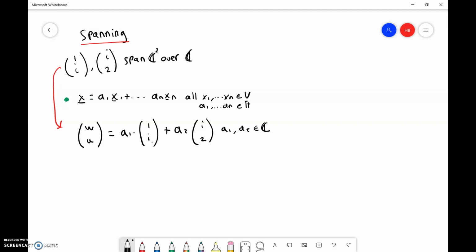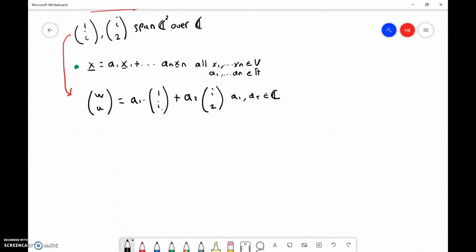How can we go about solving this kind of question? Well, one way is by using Gaussian elimination, which I'm assuming you've already covered before. Let me compare these coefficients.